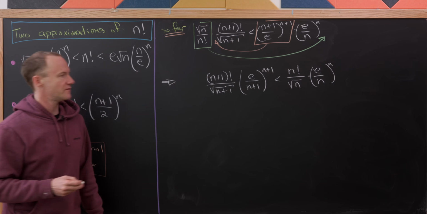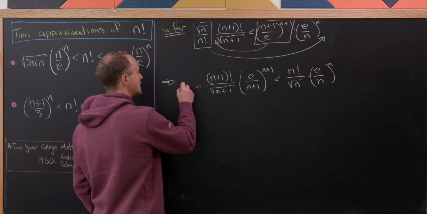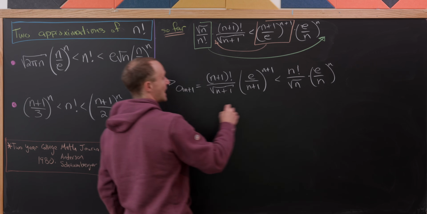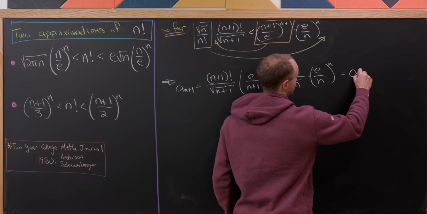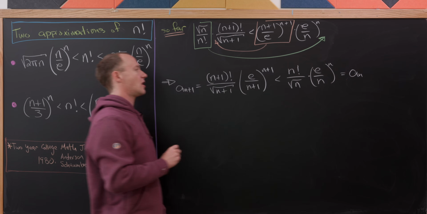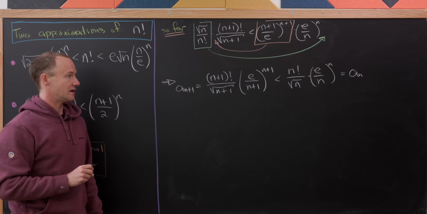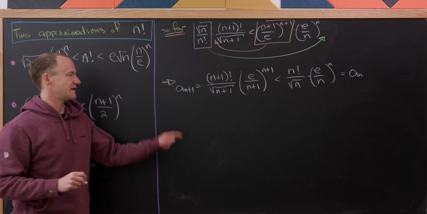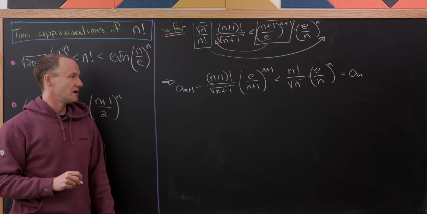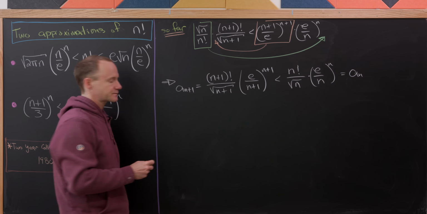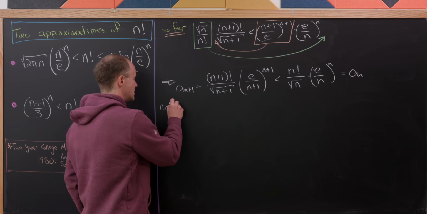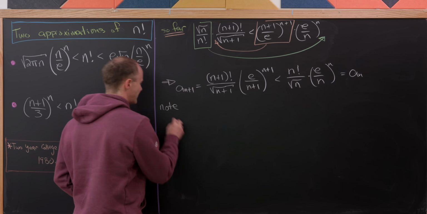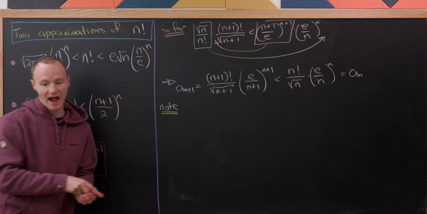So that motivates us to look at a sequence of numbers defined by this formula. So I'll call that sequence a sub n. So here we've got a sub n is that right-hand side. That makes a sub n plus 1 the left-hand side. And now, well, let's note the following kind of fairly obvious fact.